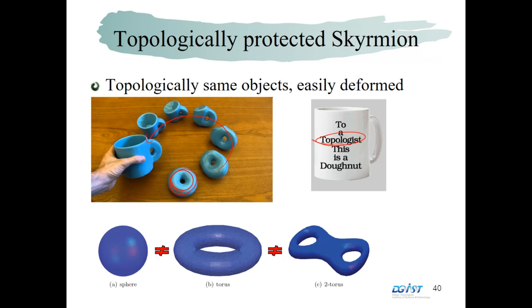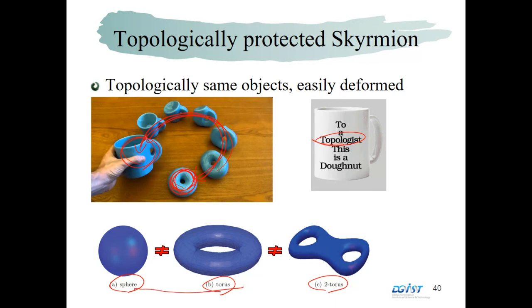In topology, the sphere is not the same as the torus, but this donut and the cup have the same topology. So when we deform this donut to the cup or the other way, there is no violation of the topology.